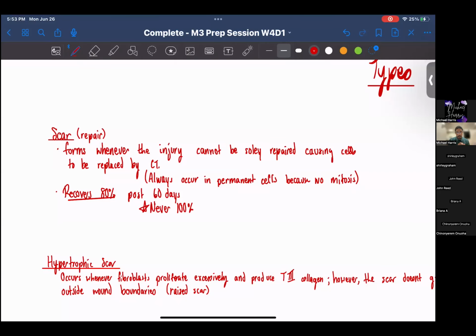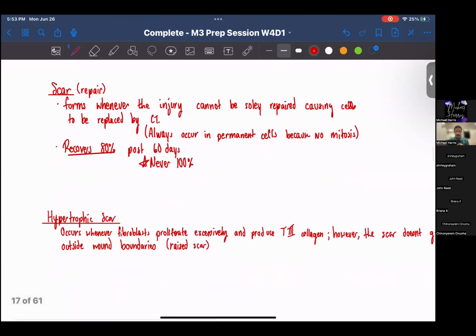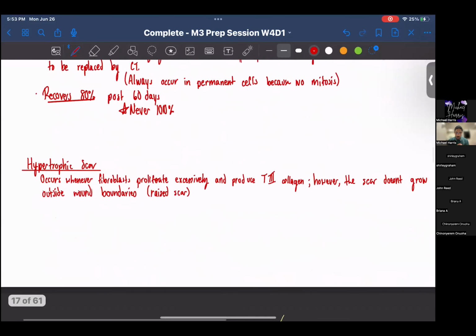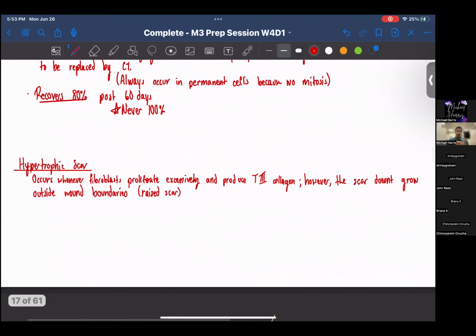Okay. Now, the next one is what is known as a hypertrophic scar. A hypertrophic scar is something that you have tons of fibroblasts in, and they produce a lot of collagen. Okay. And this collagen that they produce, right, is type 3 collagen.